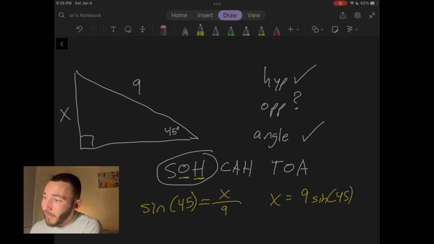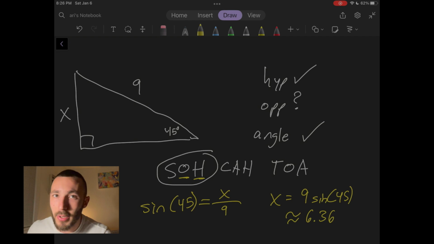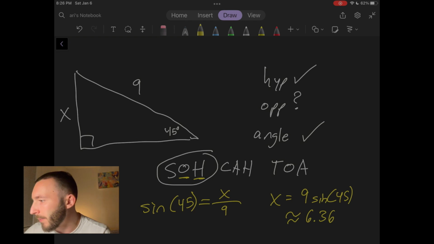And if we stick that in a calculator, that's approximately 6.36. So that's how you would solve for an unknown side if you have the angle and you have another side. Now, let's do another problem, this time with an unknown angle.